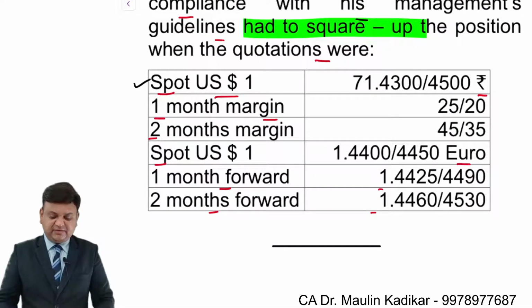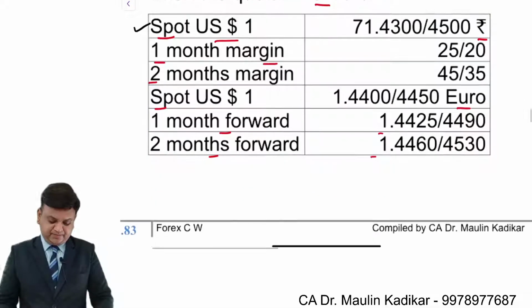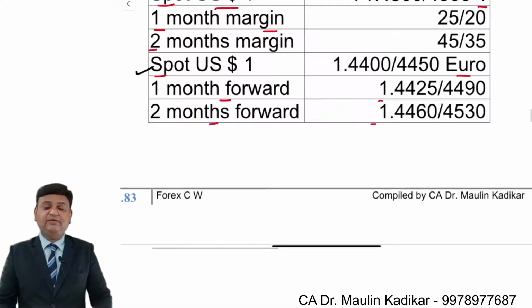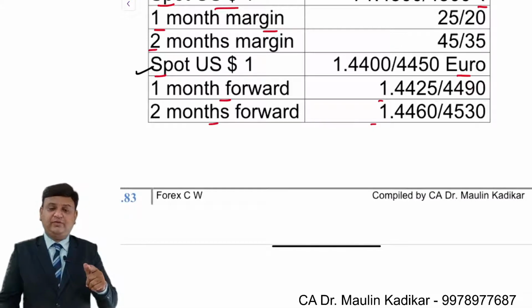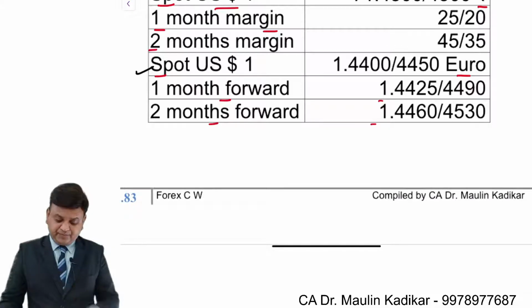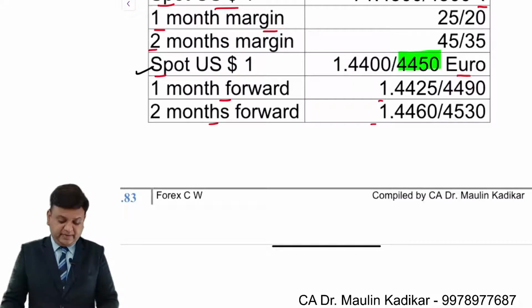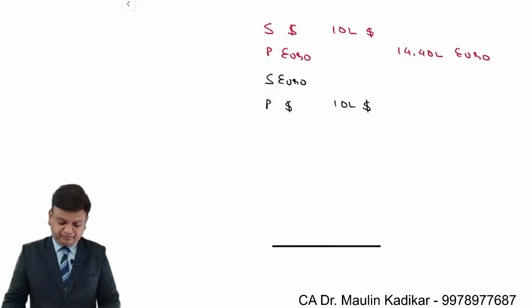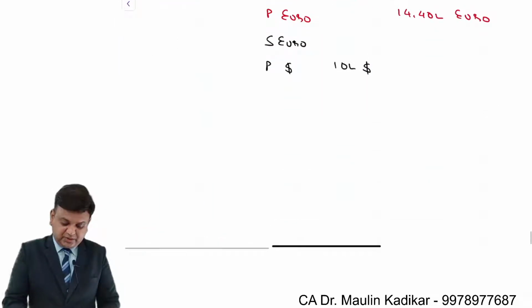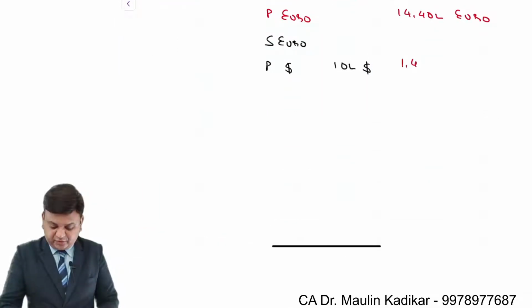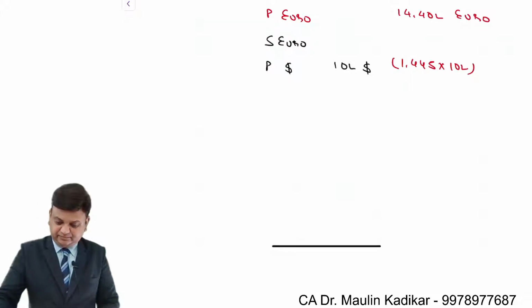Spot exchange rate is given to us in rupees per dollar. Spot exchange rate is given for euro per dollar. We understand that you are squaring the transaction immediately, so the exchange rate of 1.4450 euro per dollar will be applicable. So over here it is 1.445 into 10 lakhs.